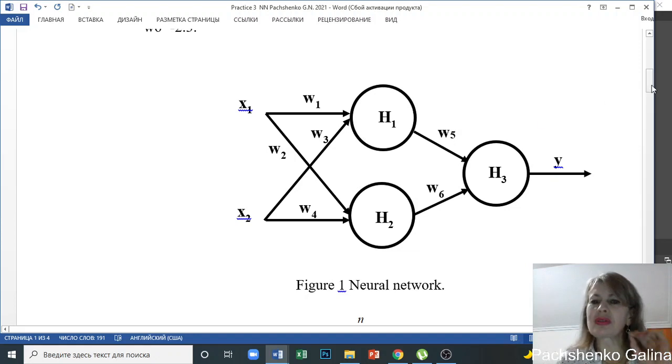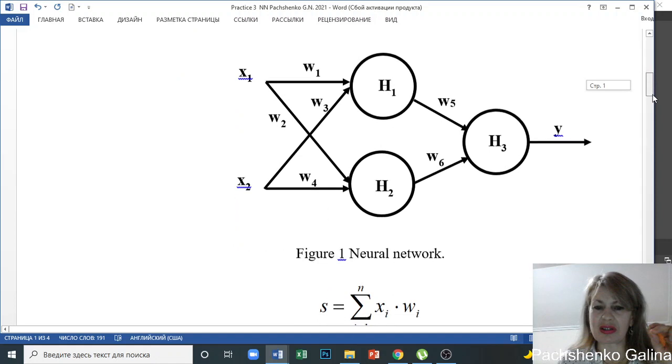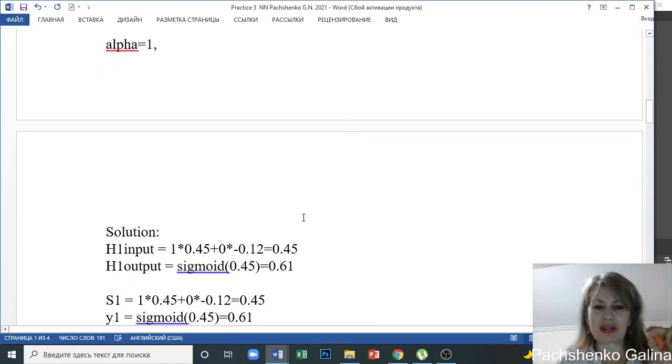And then to this value we apply the sigmoid activation function. Let's see this. So 1 is our input 1. This value is our w1. 0 is the second input multiplied by weight w3. So we'll have this for our sum function.